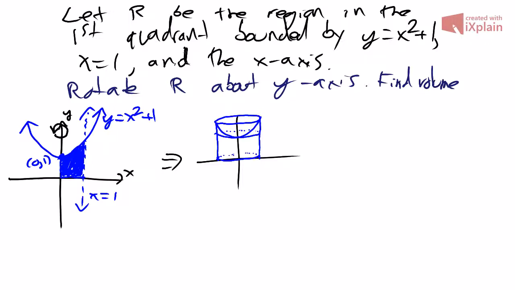So again, it's kind of like a cylinder on the outside and then a bowl on the inside. Now we have to do this in two different pieces actually, and you'll see why.